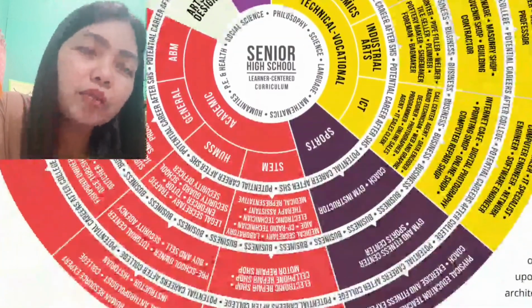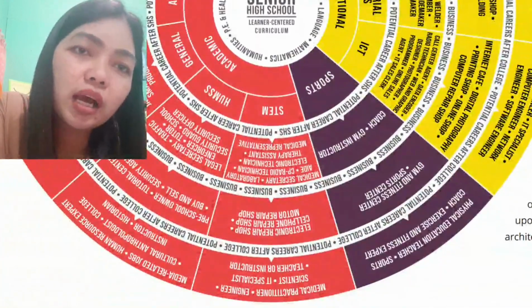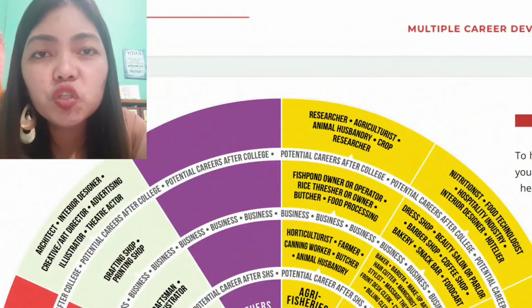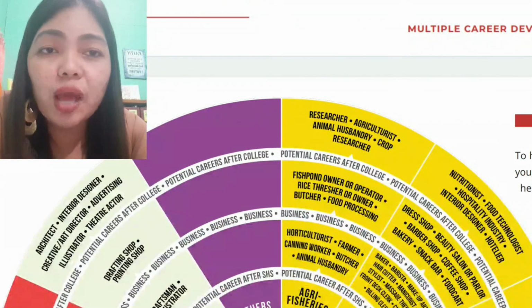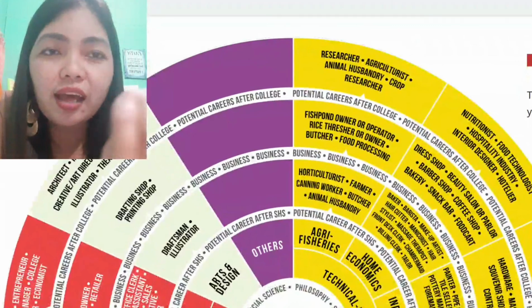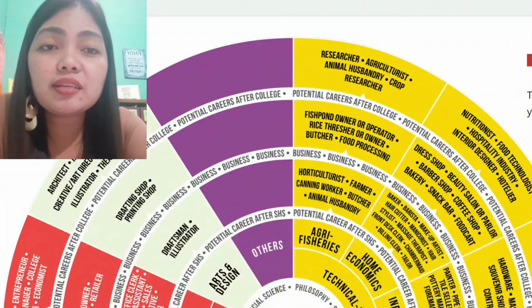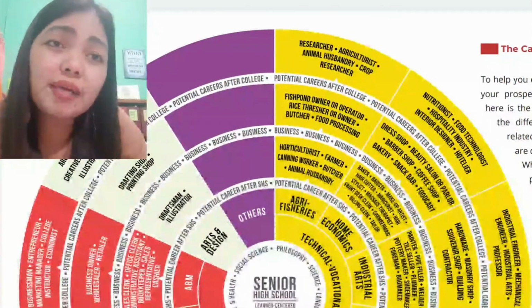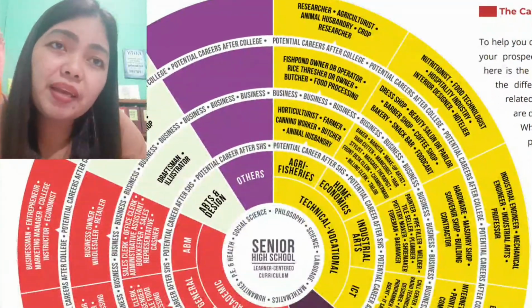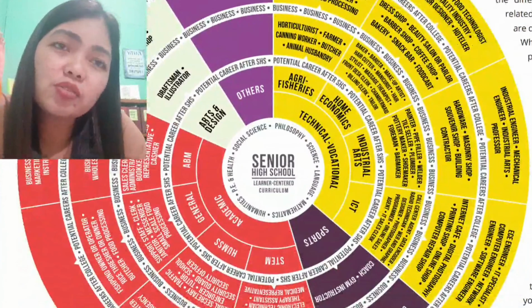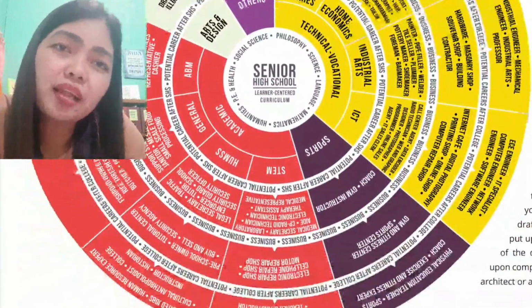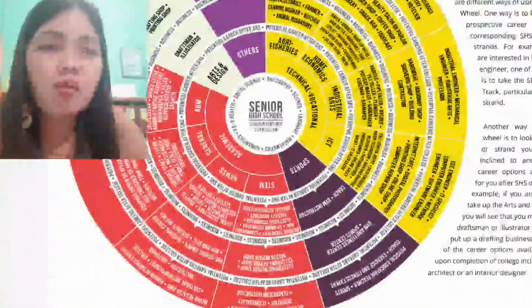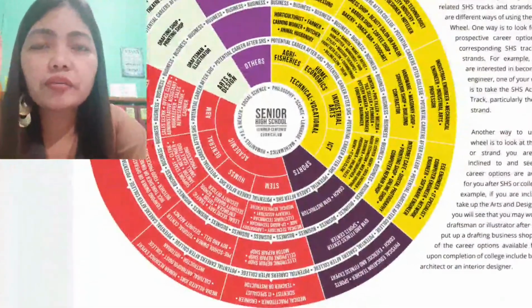For example, the student would like to become an illustrator or an architect. So, we should tell them that what they should take is the arts and design track. Okay. If the student wants to become a researcher, then we should go to the PVL. Okay. So, that's how we use this career wheel.